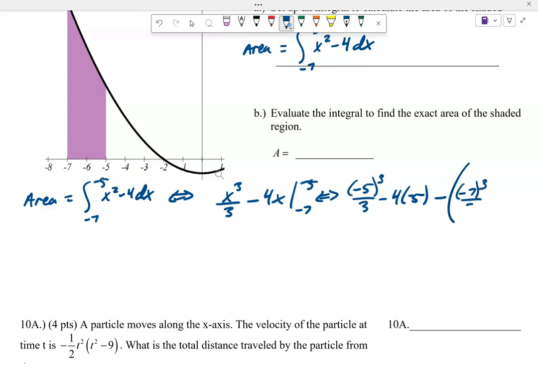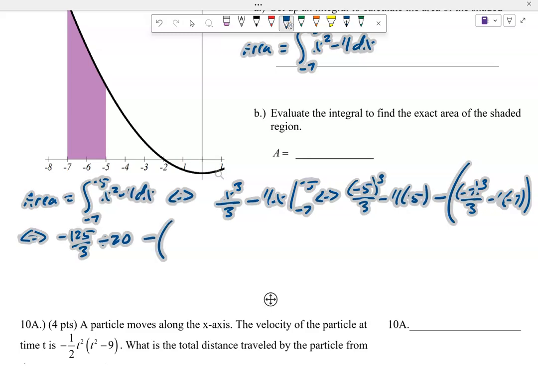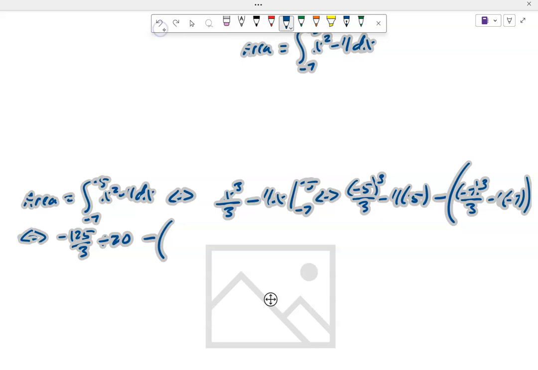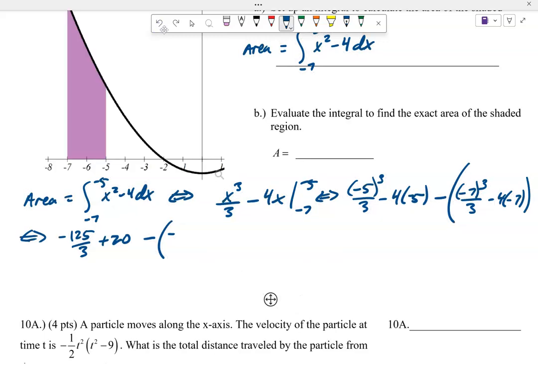There's -7 cubed over 3 minus 4 times -7. So -5 cubed, I got -125 thirds plus 20 minus, -7 cubed is -343 over 3 plus 28.